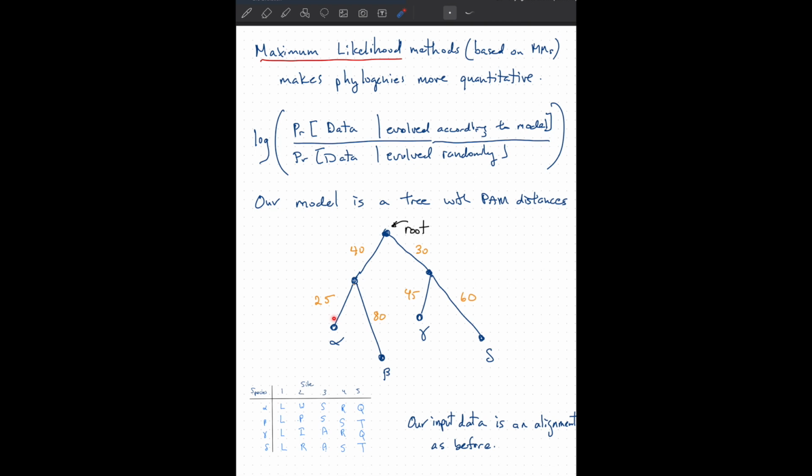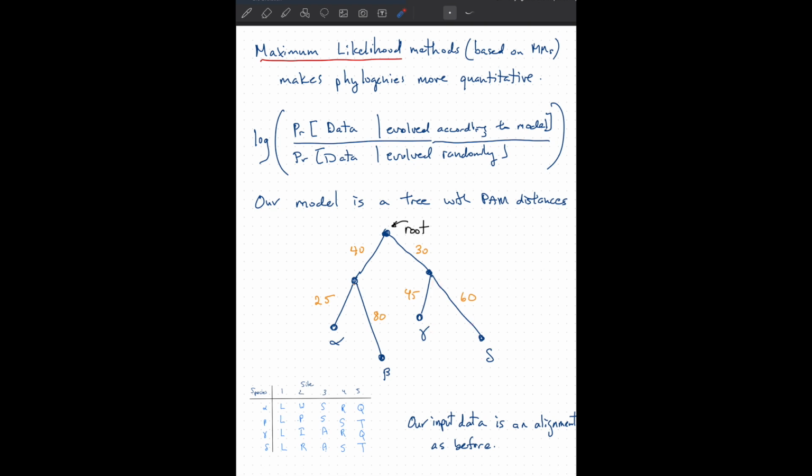Recall that PAM means we expect 105 point accepted mutations every 100 amino acids. And the ancestor of alpha and beta to the root is separated by 40 PAM units. So think of it again as 40 iterations of the Markov process. Likewise, we have 30 to 45 and 60 for these two.